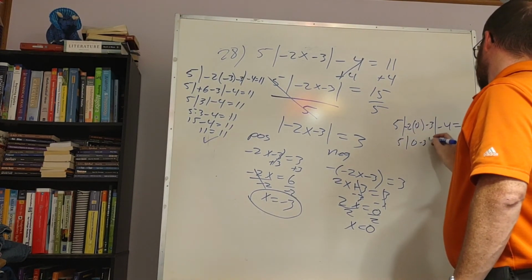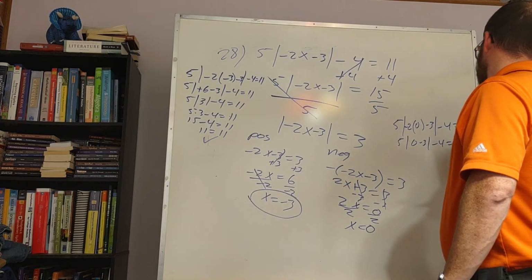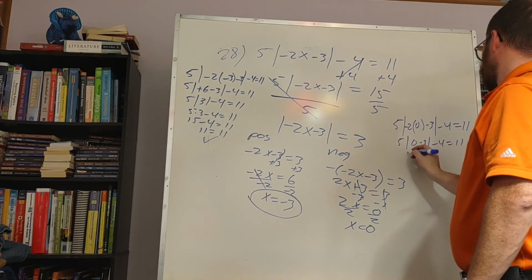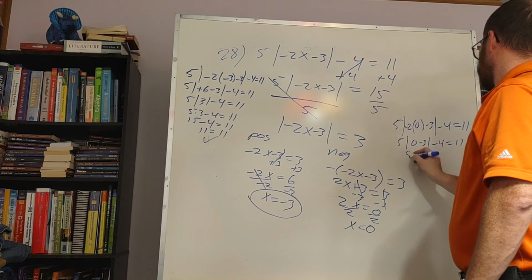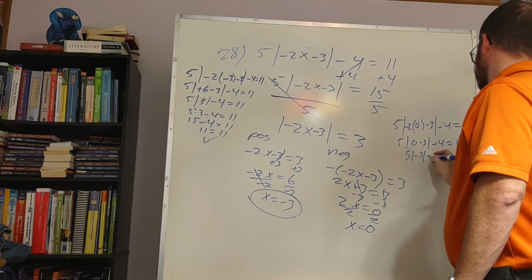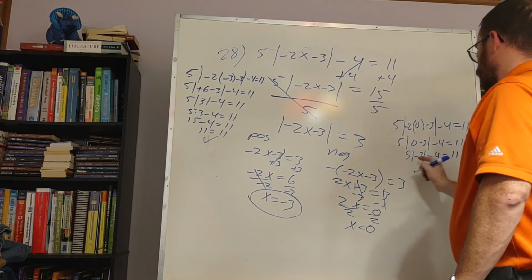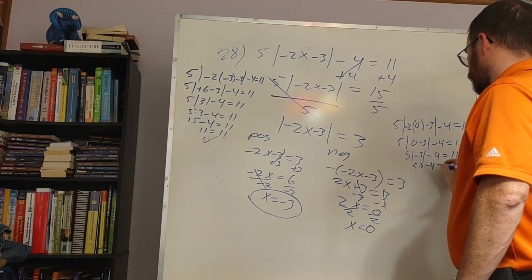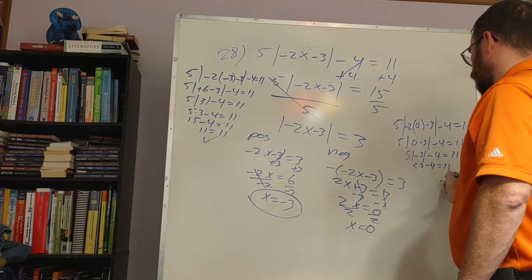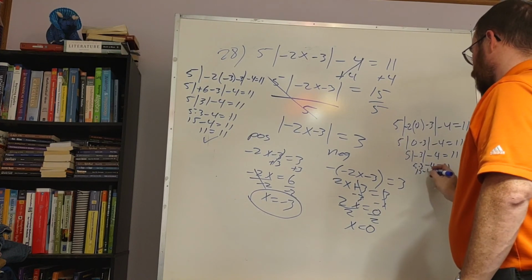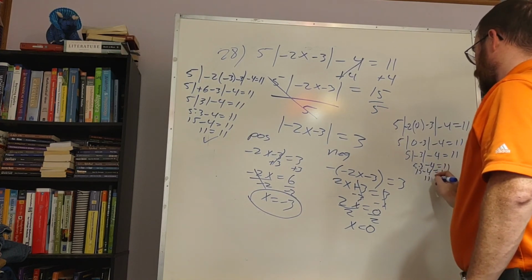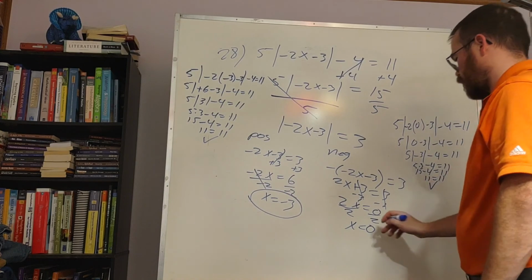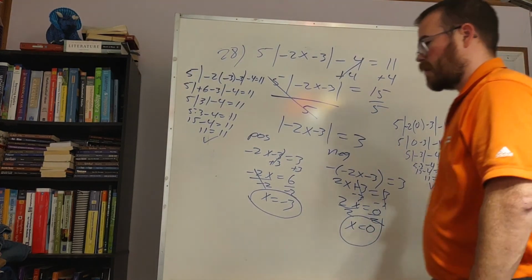So 0 minus 3 is -3, so we've got absolute value of -3. Absolute value of -3 is 3, so we've got 5 times 3 minus 4 is equal to 11. 15 minus 4, 11 equals 11. So we're like, yep, that one works. So both of these would be solutions.